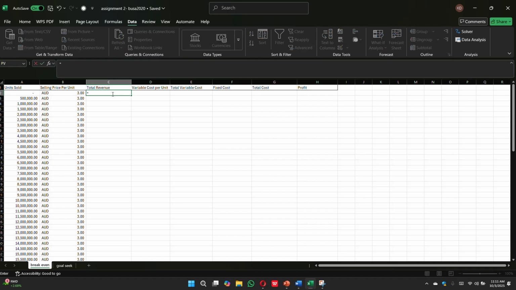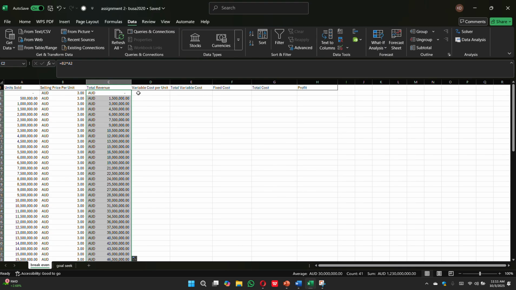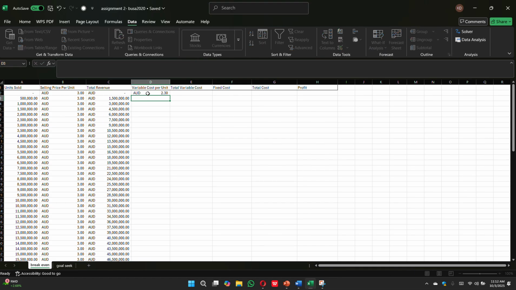Then total revenue would be selling price into the units sold. There we go. Variable cost would be, as I calculated earlier, 2.30.